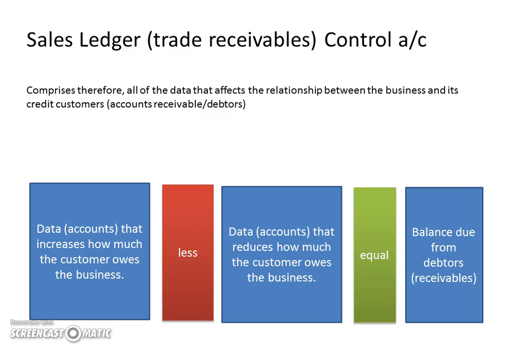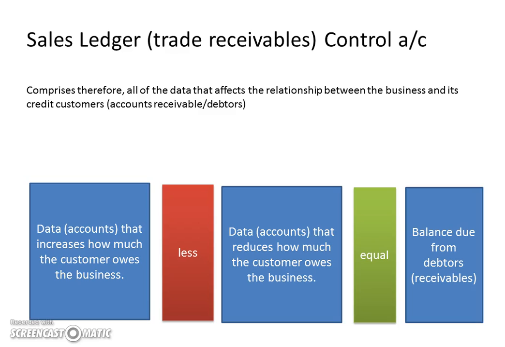So if we were to break these down then, let's look at them individually. Let's start with the sales ledger control. Now remember, this comprises all the data that affects the relationship between the business and the credit customers. All right, those people that you sold your goods to on credit. Basically, you're looking at the data that increases how much the customers owe the business, minus the data that reduces how much the customers owe the business.